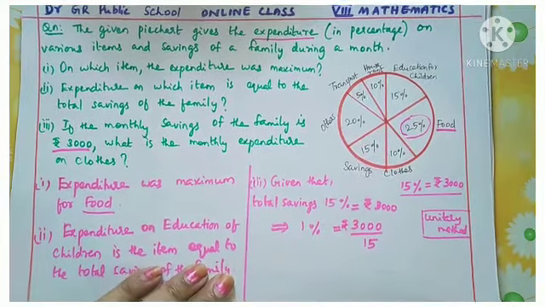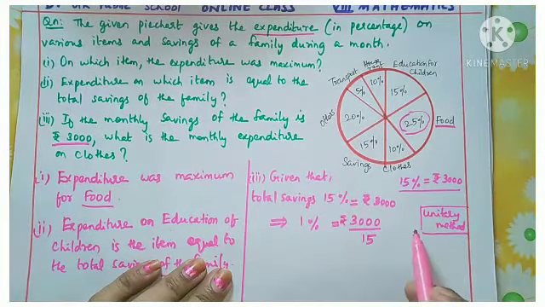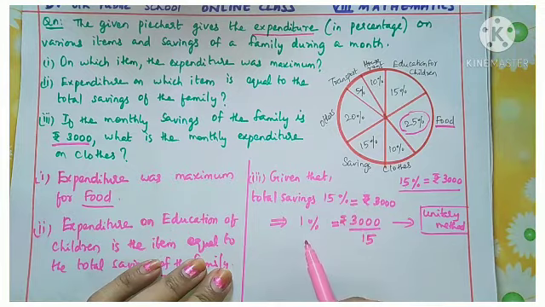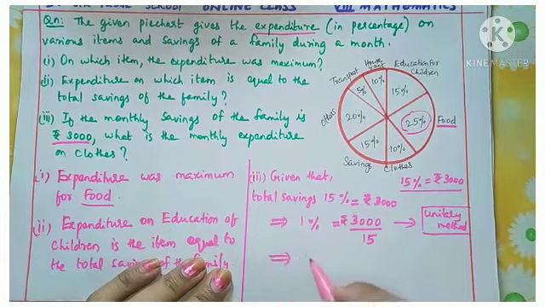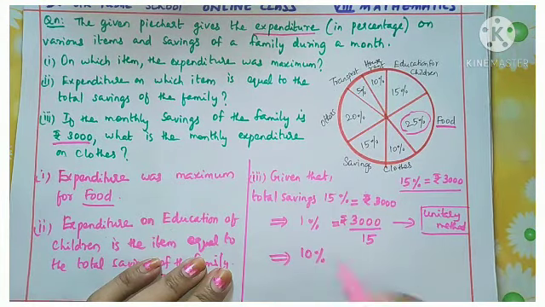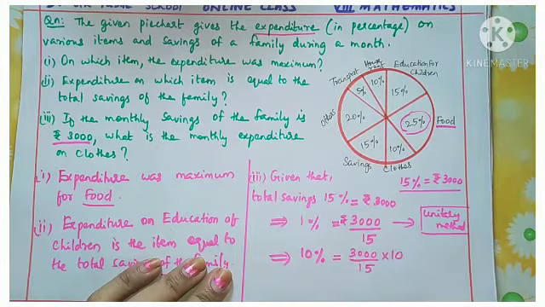Understood? This is called the unitary method. So from 15% you calculated for 1%. Now we want to find out 10% is how many. So 10% is equal to 3000 by 15 multiplied by 10.